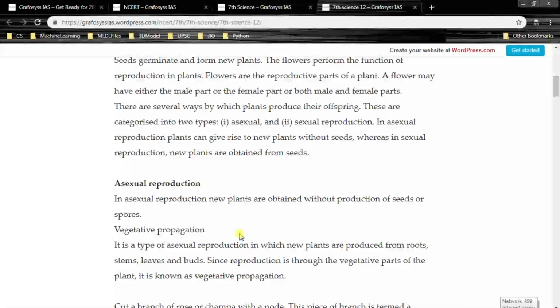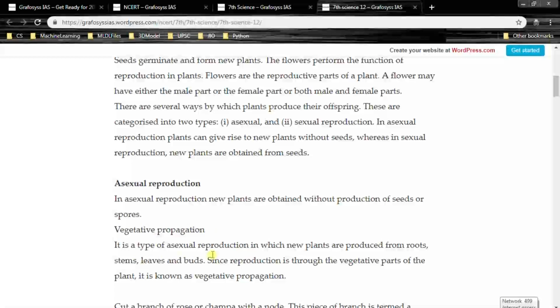Vegetative propagation. One more example is banyan tree, in which there will be no seeds. The branches, when we immerse that branches into soil, it starts to grow. Vegetative propagation.